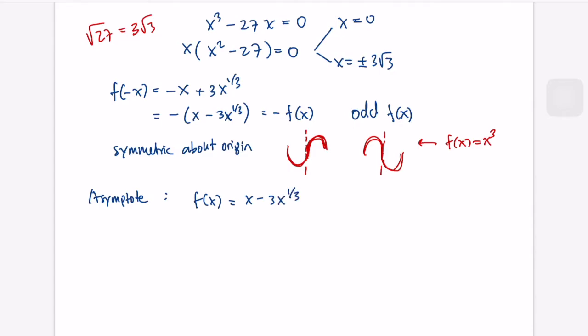I think there will be no possible asymptote, so you can check with limits. I think it's still infinite, right? So no horizontal asymptote, and there will be no vertical asymptote also, so no asymptote.